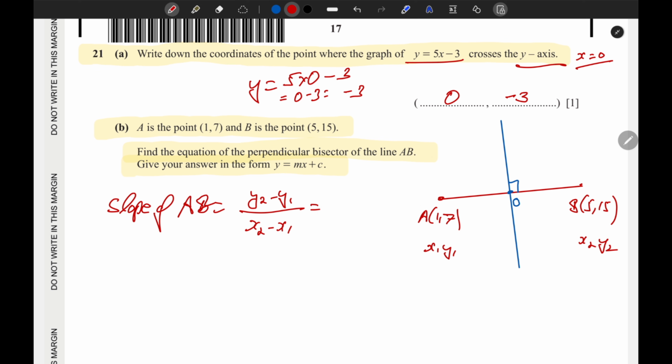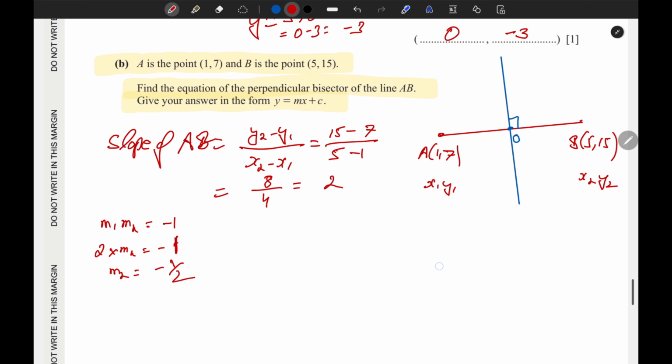That is 15 minus 7 upon 5 minus 1. 15 minus 7 is 8, 5 minus 1 is 4, so the slope is 2. Now for the slope of the perpendicular line, the product of slopes m1 m2 is minus 1. Consider that slope as m2, so 2 times m2 is minus 1. So m2 will be minus 1 by 2.